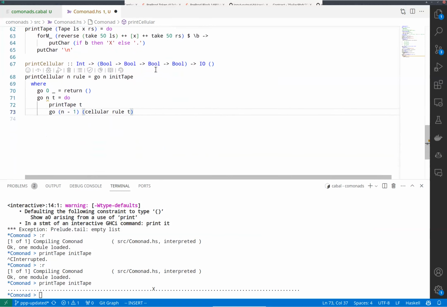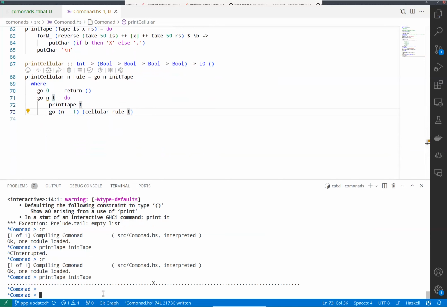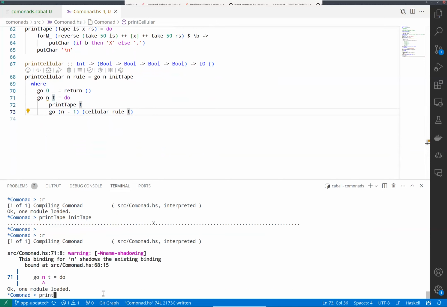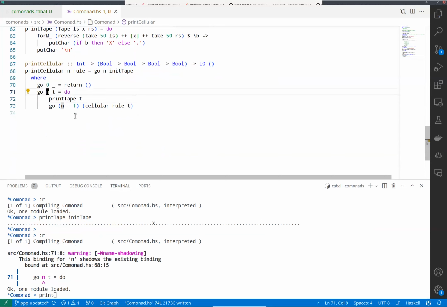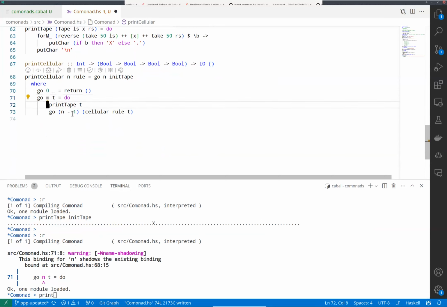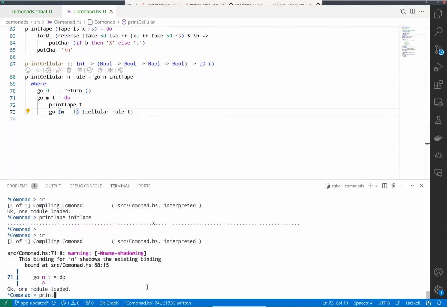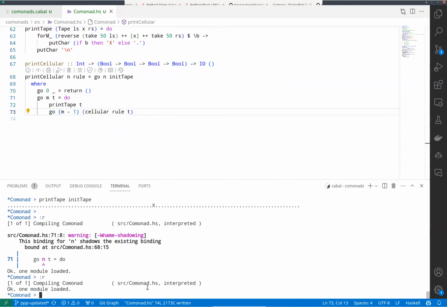Copilot very helpful again. Let's see. Okay, very helpful, but not perfect. Still good to have a human in the loop. Okay, print cellular 50 rule 18.